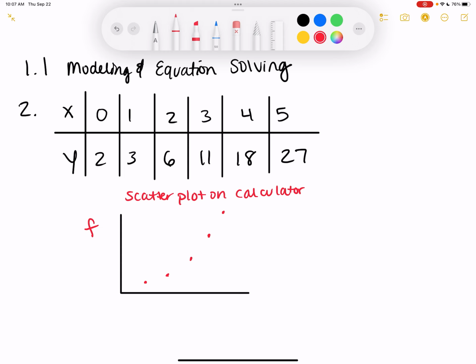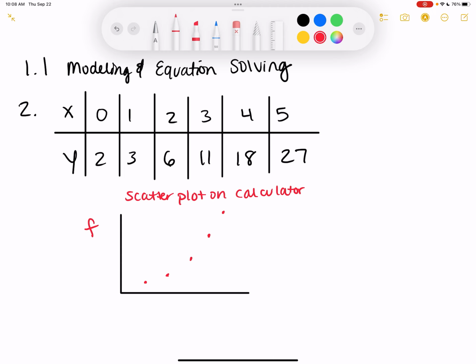Okay, so then it also wants to have the algebraic model, which is the equation that goes with it. So because this is a curve, okay, what kind of curve does this kind of look like? An up curve. Thank you. Like what kind of graph does this kind of make you think of? Just seeing that side of the graph.